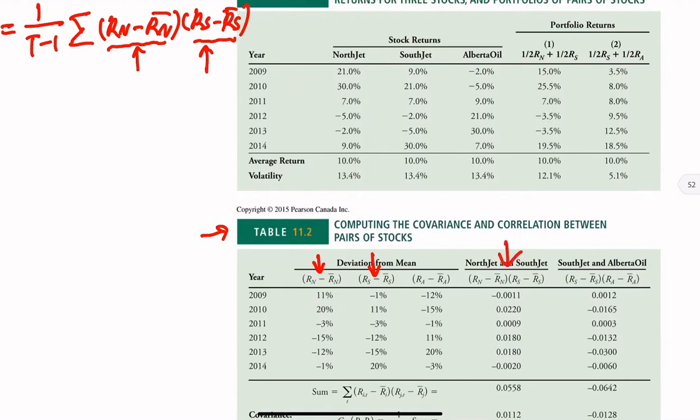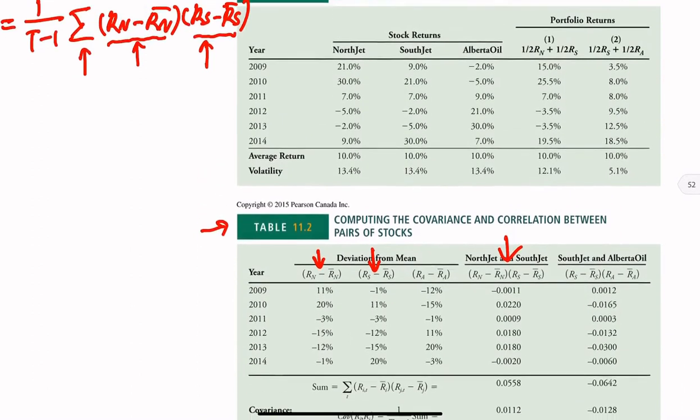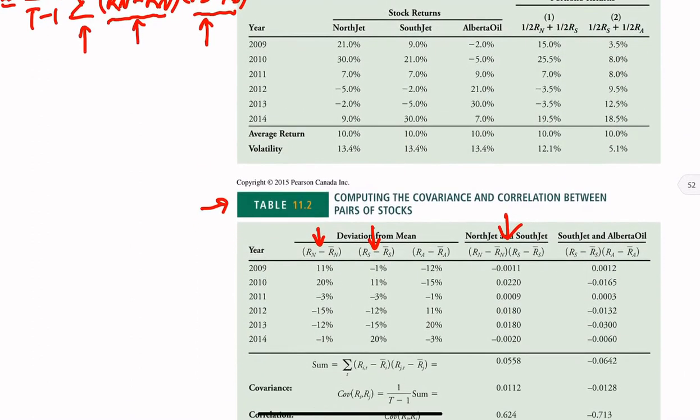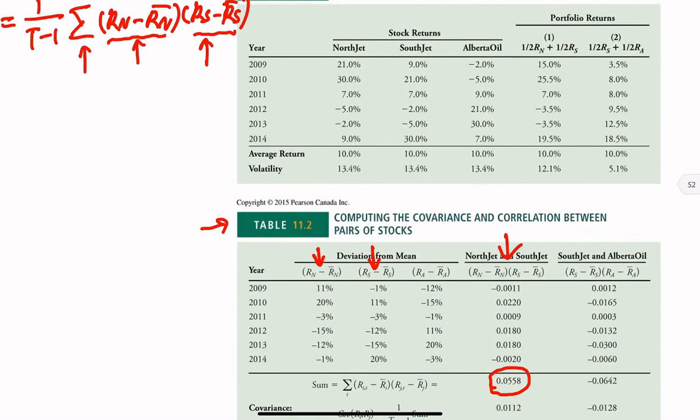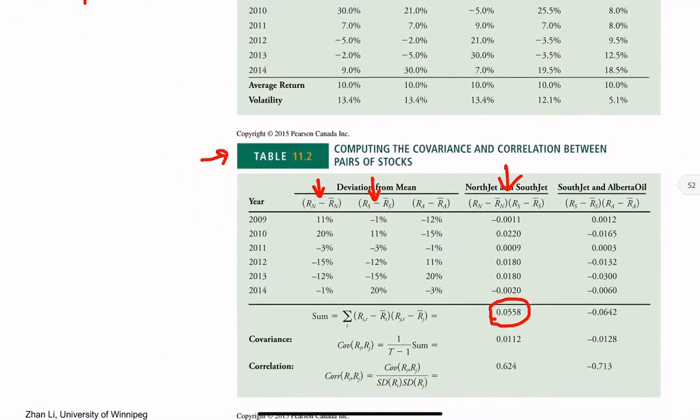And after getting these multiplications, you sum up these values. How do you get this summed up value? This one. And after summing up these values, you divide this sum by number of years minus 1. You can see that this is what you get here.